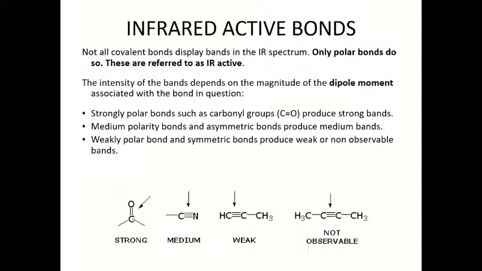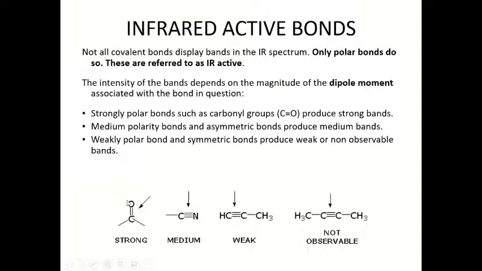The intensity of the band depends on the magnitude of the dipole moment associated with the bond in question, right? Strongly polar bonds such as the carbonyl group C=O produce a strong band, as we mentioned before. Medium polarity bonds and asymmetric bonds will produce a medium band, and weakly polar bonds and symmetric bonds will produce a weak or not observable band.